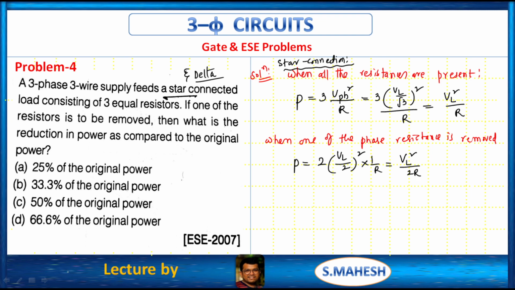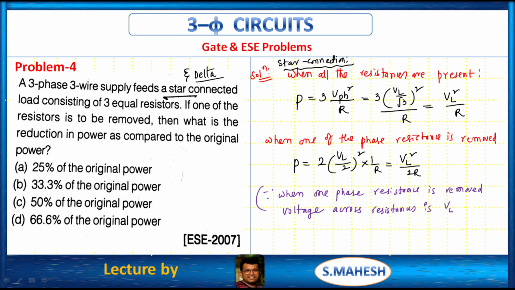We can write the reason. Since when one phase resistance is removed, voltage across resistances is VL by 2. How can we get VL by 2?